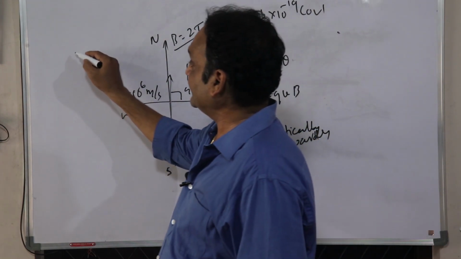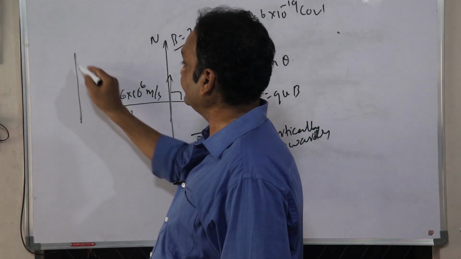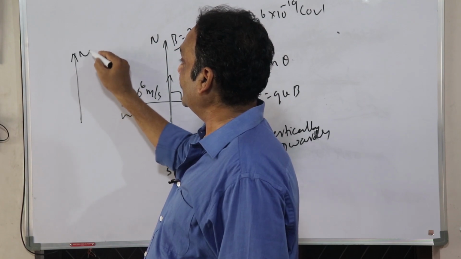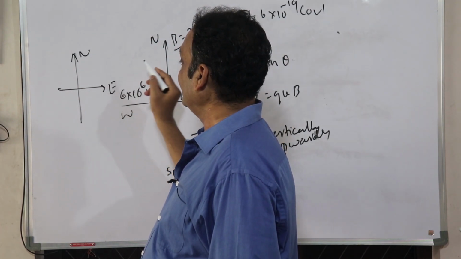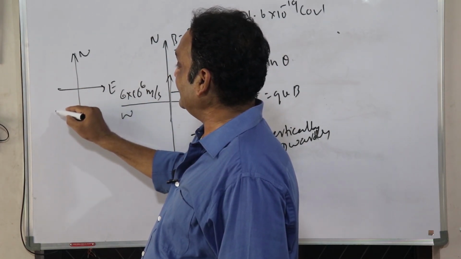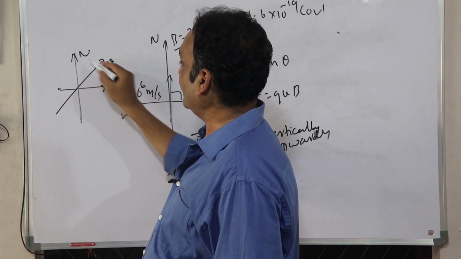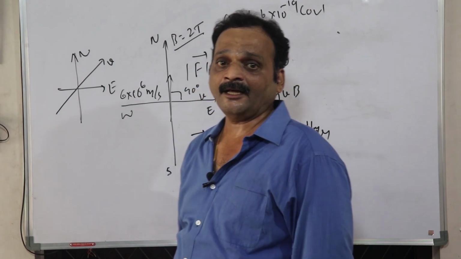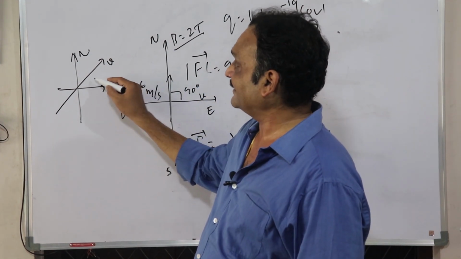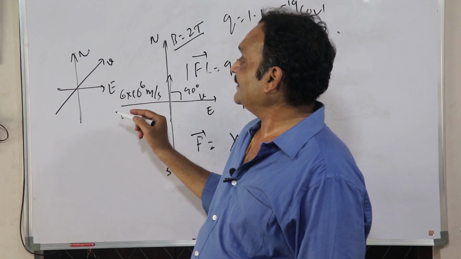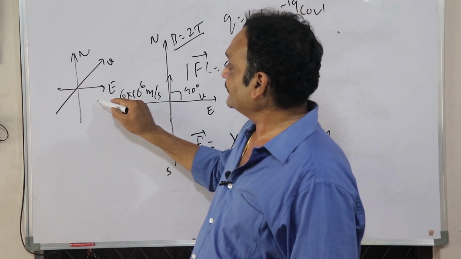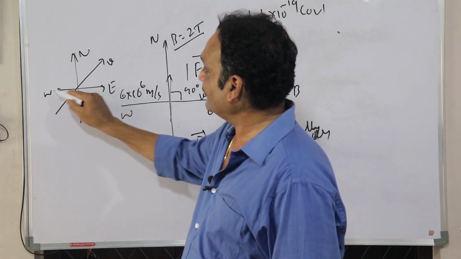Now sometimes, suppose this is north, east is like this. A proton is projected with some velocity v along the northeast direction, in which there is a uniform magnetic field acting along the northwest direction.